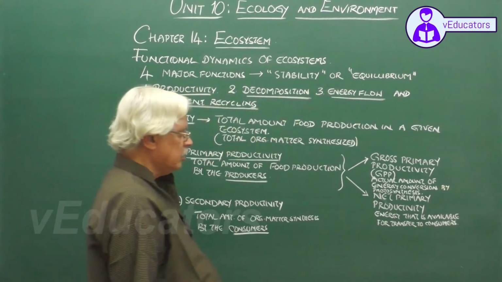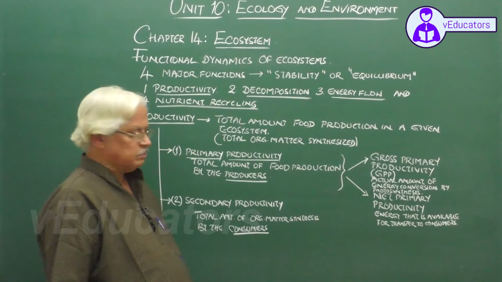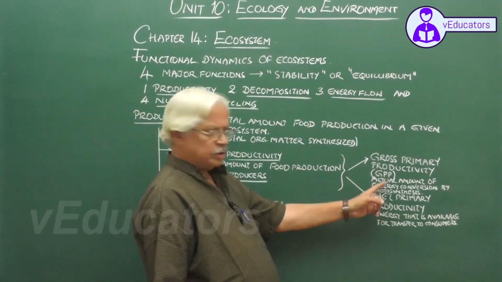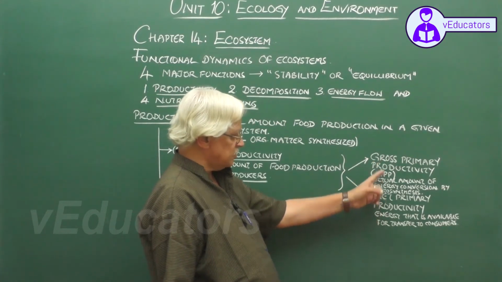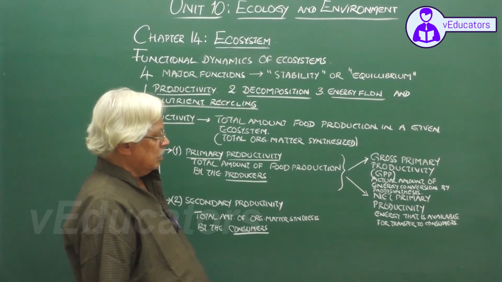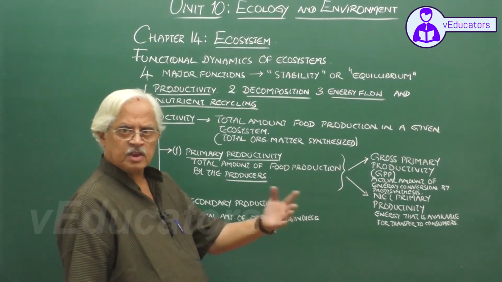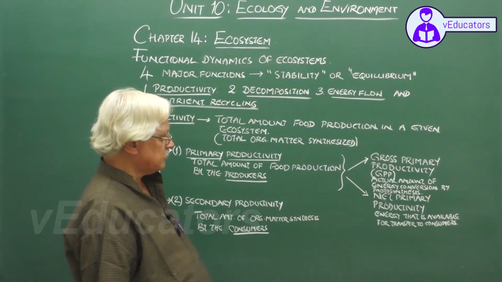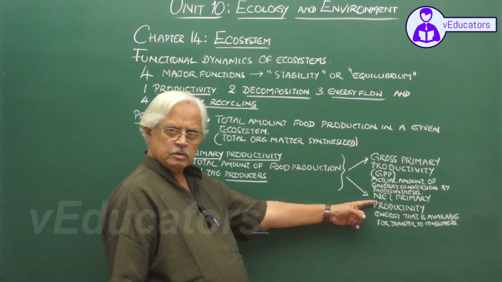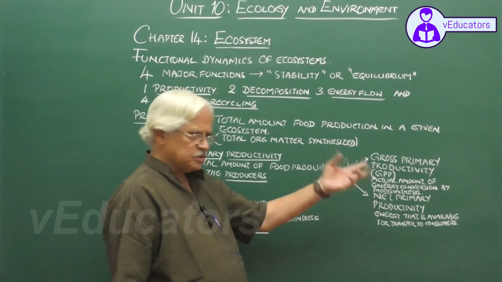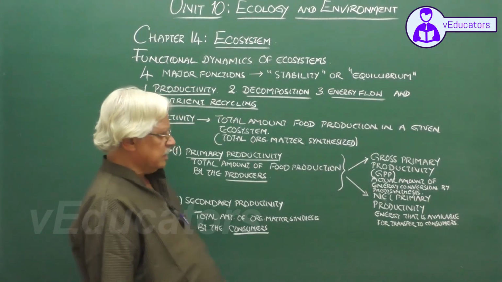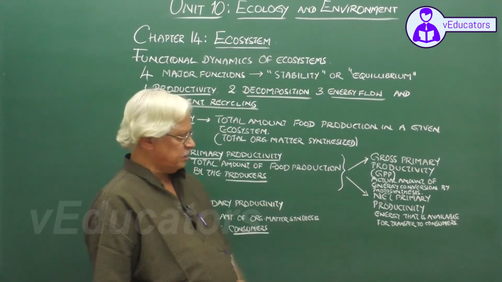So out of the actual amount of energy conversion by photosynthesis, green plants are going to utilize a considerable amount of this energy for their activities by oxidizing the food substances. So what remains after plants utilize their own food energy? That represents the net primary productivity.